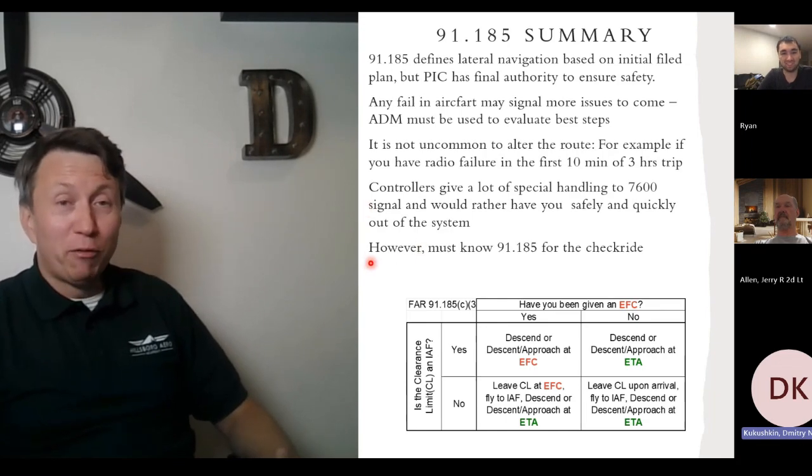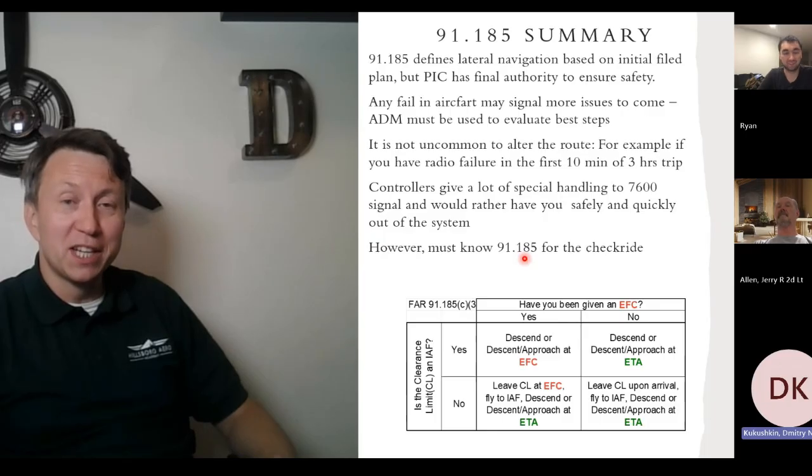But, however, you must know what 91.185 says and means, and it comes down to this matrix. If the clearance limit is an initial approach fix, and you were given an EFC, you leave at EFC. If not, you leave at ETA.